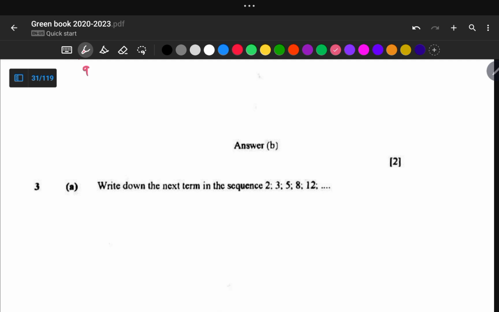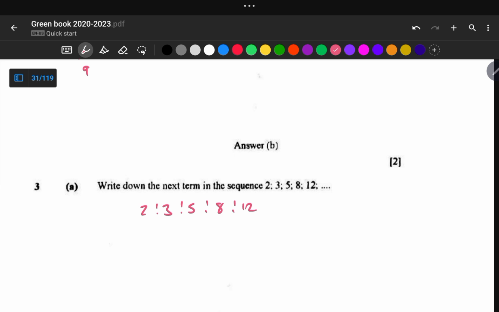In number 3, we are given this sequence of numbers. So we have 2, 3, 5, 8, and 12, and we are required to write down the next term in the sequence. So the best thing is to figure out a trend within this sequence, to say from 2 to 3, what happens.